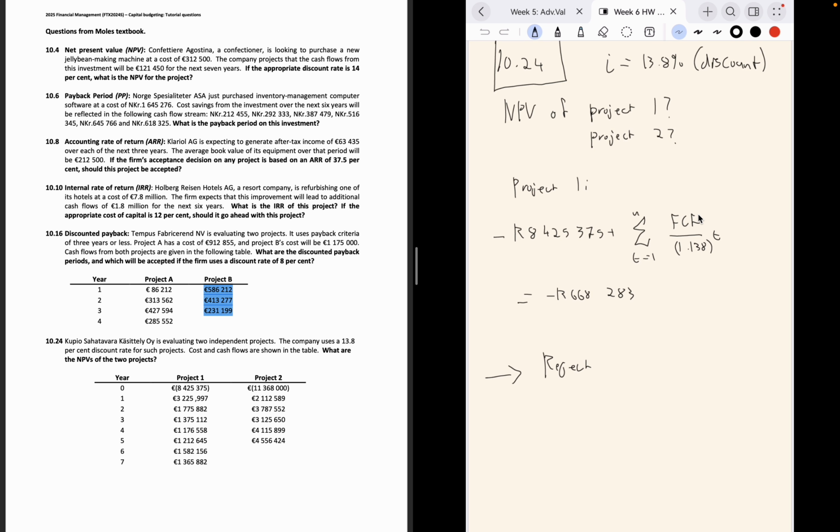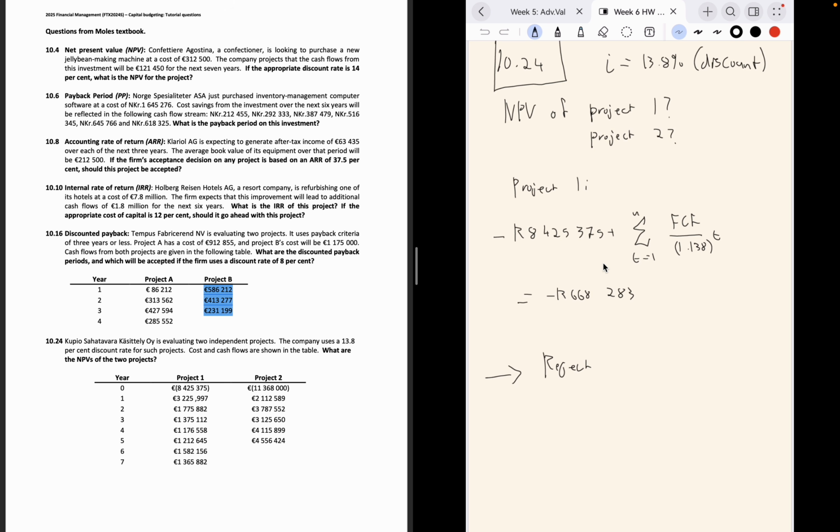So that's why I've just taken it out over here and put it over there. And then in year 1, we have 3,225,997. We divide that by 1.138 to the power 1, and so on. So by the time we get to year 7, we have 1,365,882 divided by 1.138 to the power 7. And you add all of that up, put it in your calculator, and then we decide to reject it.